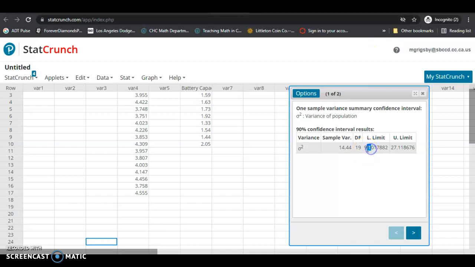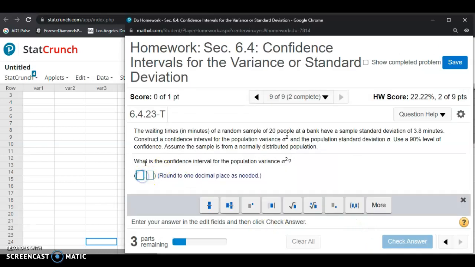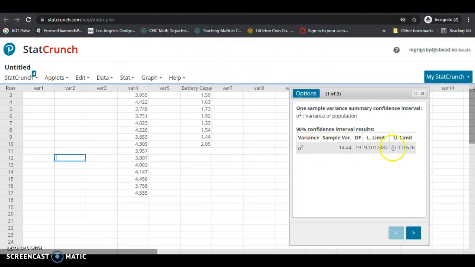We're going to round these to one decimal place. The lower limit rounded to one decimal place is 9.1, and the upper limit rounded to one decimal place is 27.1.